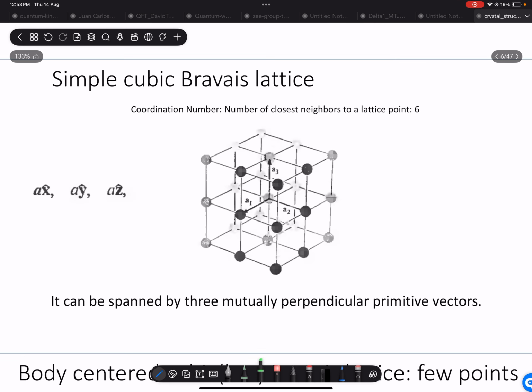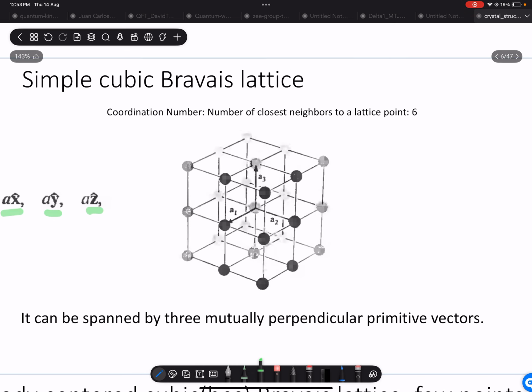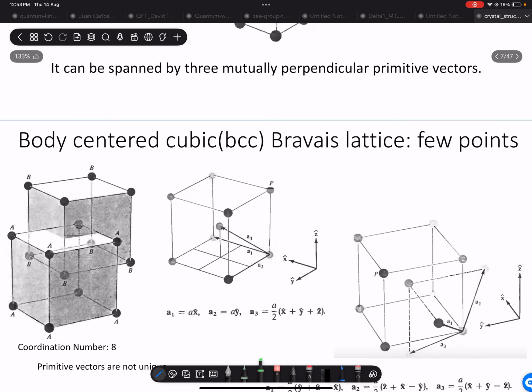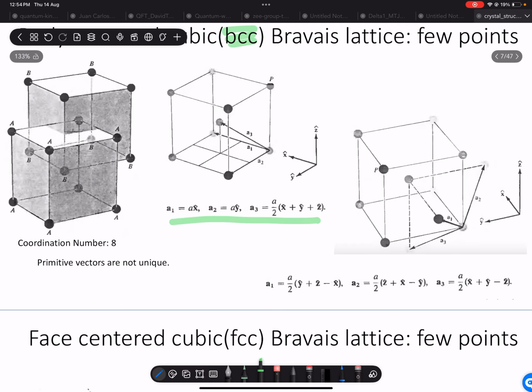Let's come to a simple cubic Bravais lattice. It has these three primitive lattice vectors, and you can construct this cubic Bravais lattice out of them. Similarly, we have this BCC Bravais lattice, and these are two possible choices of primitive lattice vectors, right?